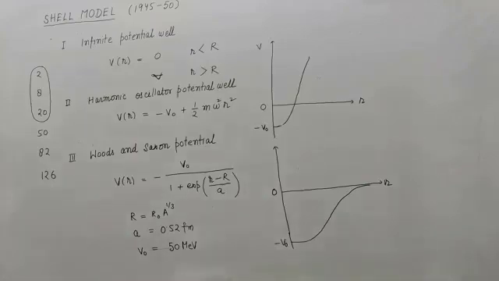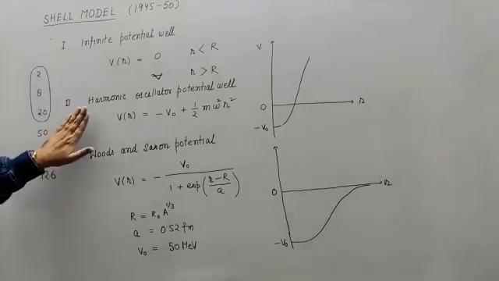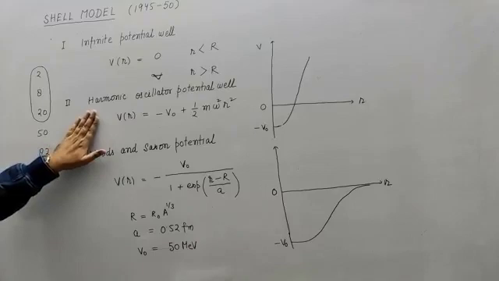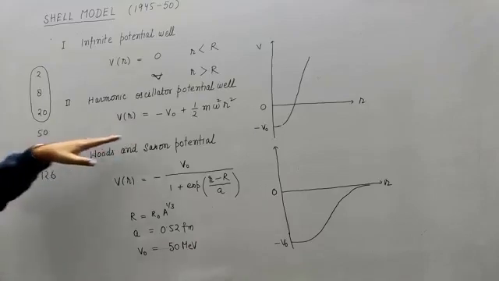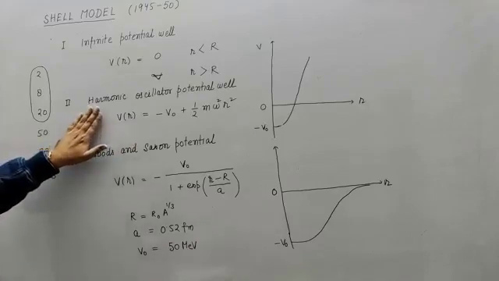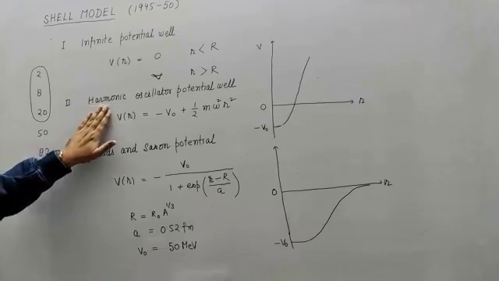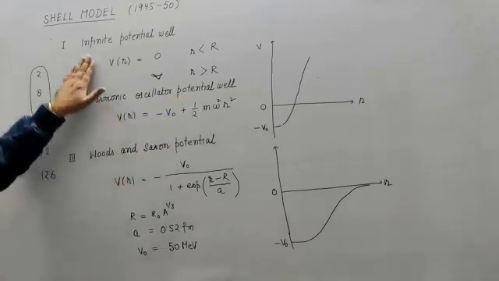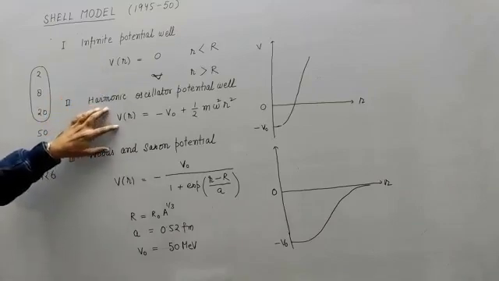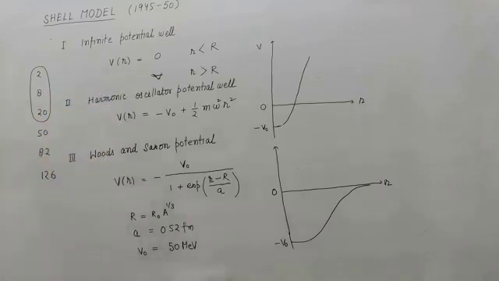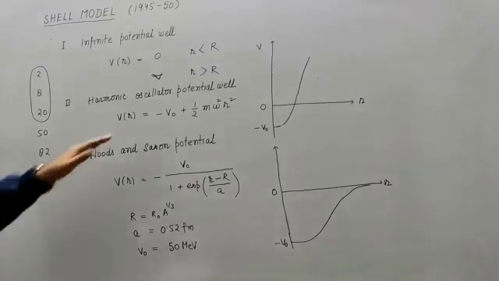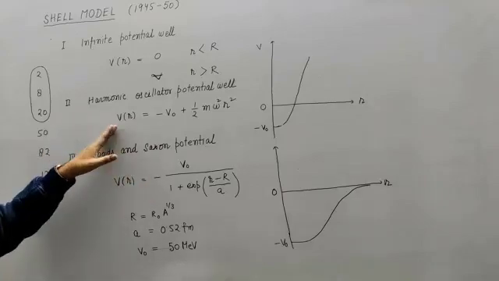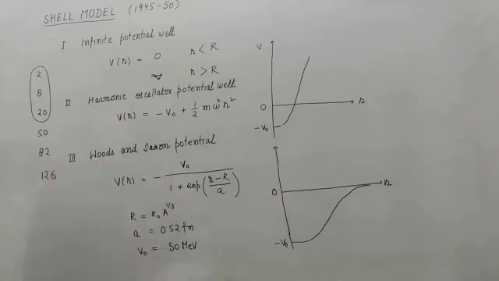I'm not going into detail with every one, but I'm going to explain how these shell structures are created with the help of the example of the harmonic oscillator potential well. You can take any one, but here I'm choosing the harmonic oscillator potential well because when it is introduced inside the Schrodinger equation, we find the energy eigenvalues.